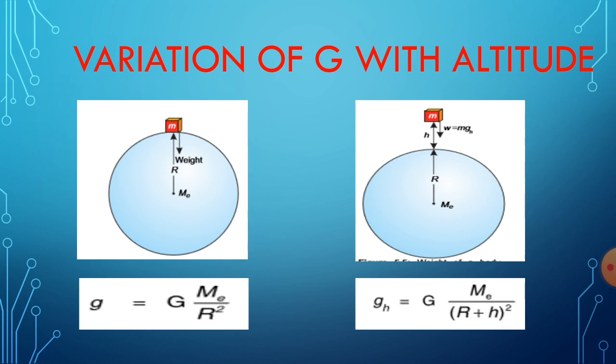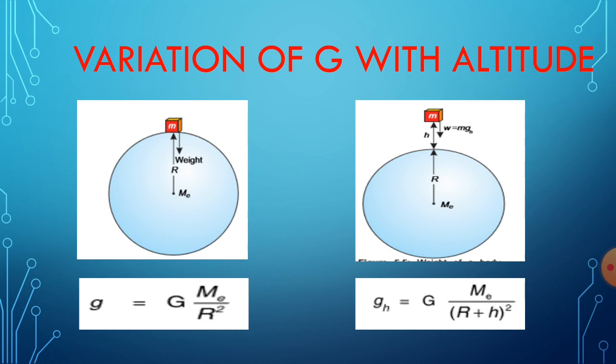So according to the formula we got from the universal law of gravitation while determining the mass of earth, we have the value of g, that is gravity: g is equal to capital G Me divided by r square, where capital G is the gravitational constant and Me is the mass of the earth.